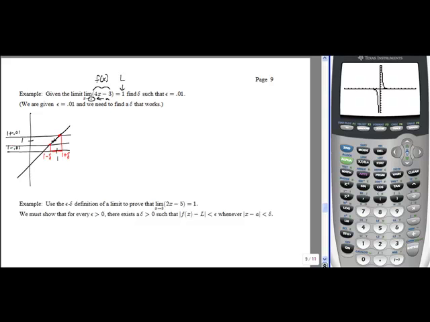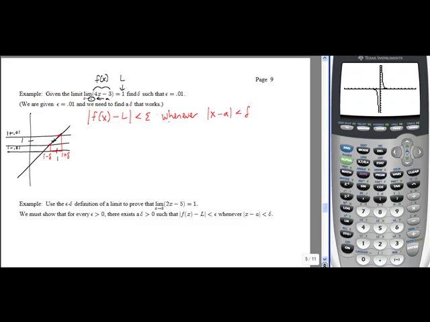So the way you want to start these is to start with your normal definition of this limit. And this is what the epsilon delta definition says. It says that the absolute value of f of x minus L is less than epsilon whenever the absolute value of x minus A is less than delta.